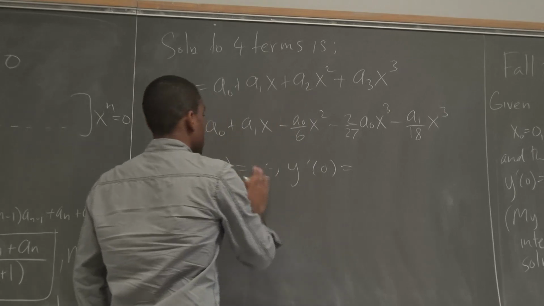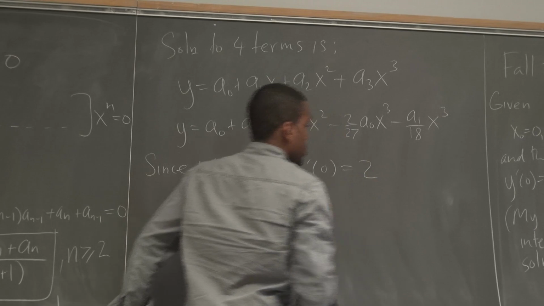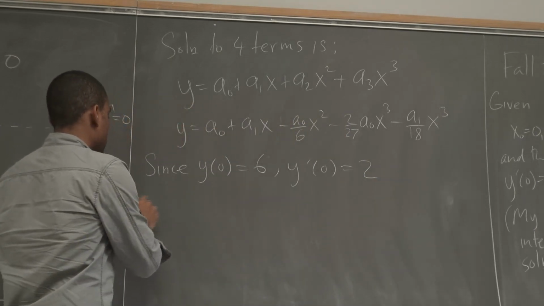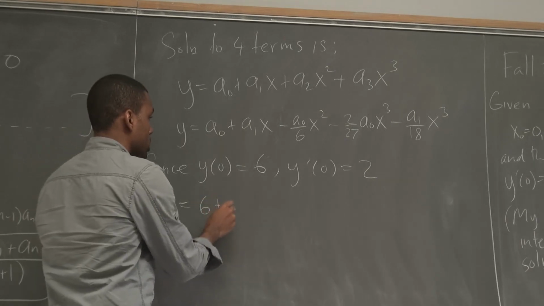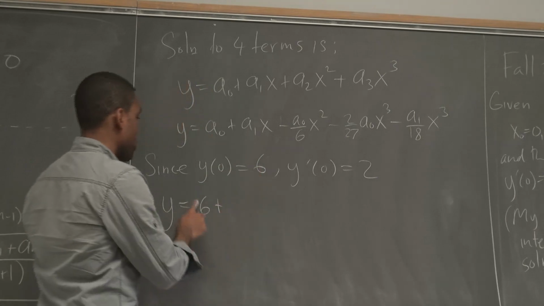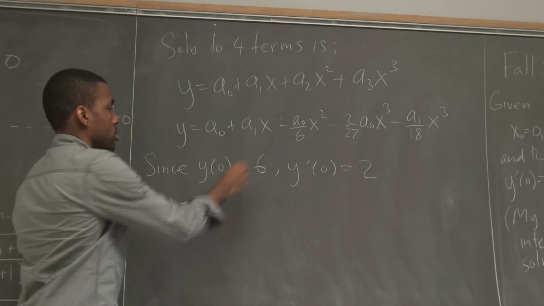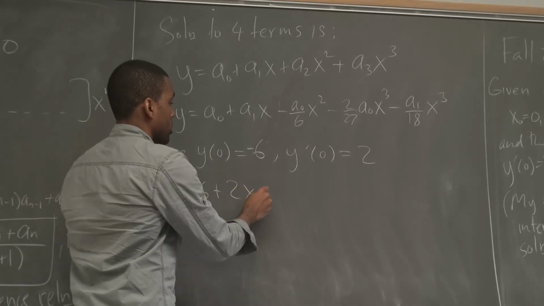Y of 0 is equal to 6. Y prime of 0 is equal to 2. This means I can replace all A0s with 6. So here I have 6. All A1s I can replace with 2s.